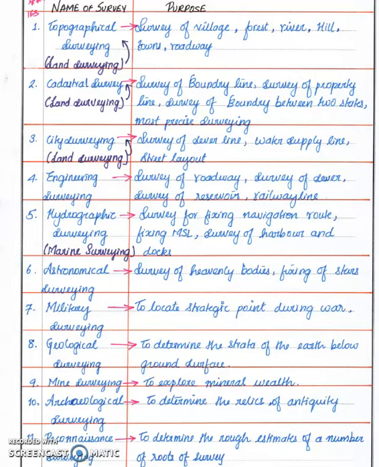In the military, the soldiers will conduct military surveying to locate strategic points during war. Generally this military surveying is adopted during the war. And geological surveying: to determine the strata of the earth below the ground surface, geological survey can be used.